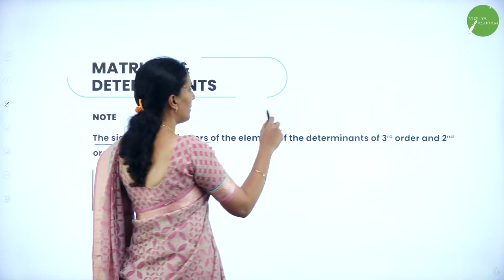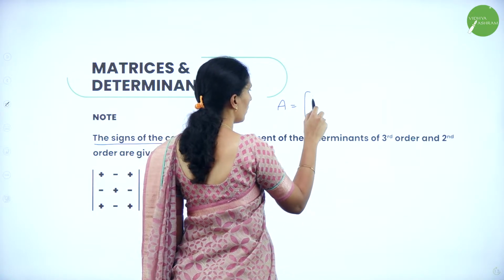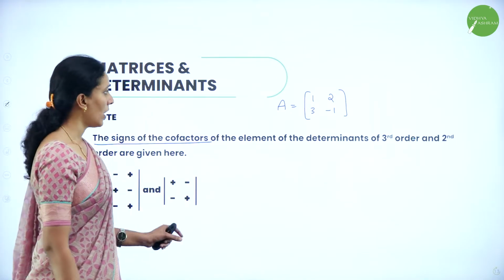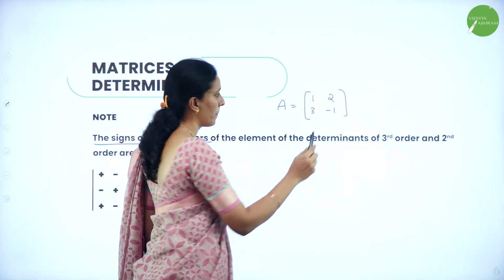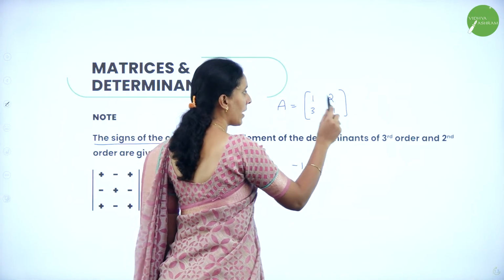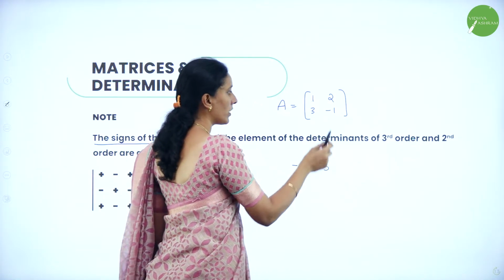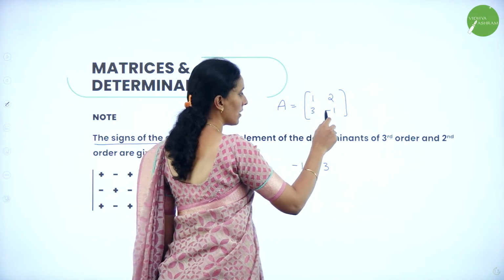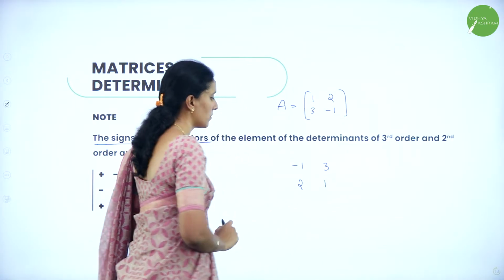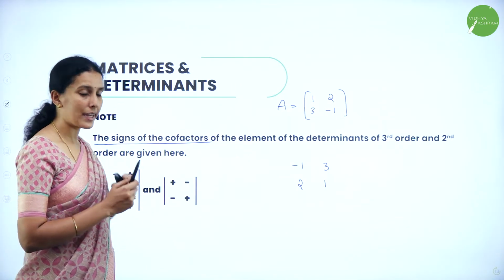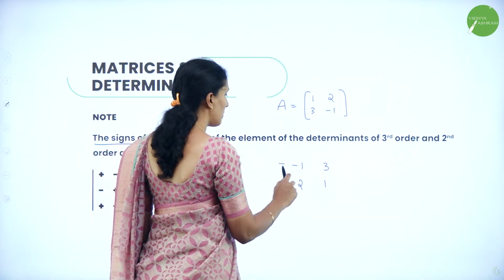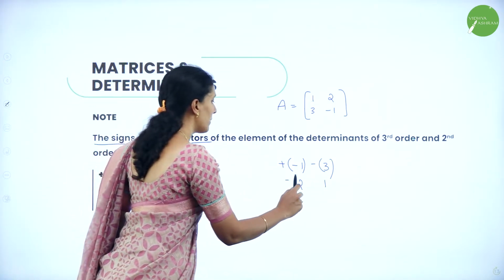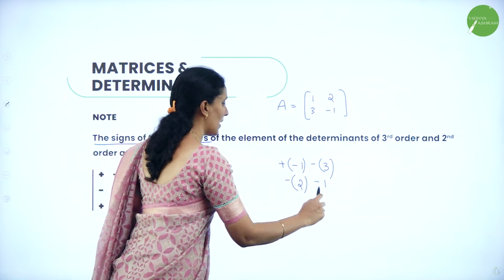For example, let me take matrix A: 1, 2, 3, minus 1. Now, what is the minor of 1? It is minus 1. What is the minor of 2? It is 3. What is the minor of 3? It is 2. Delete the row and column containing 3. What is the minor of minus 1? It is 1. But you substitute the sign along with this. For this it is plus of minus 1, here it is minus of 3, here you replace the sign with minus of 2, and here it is plus.